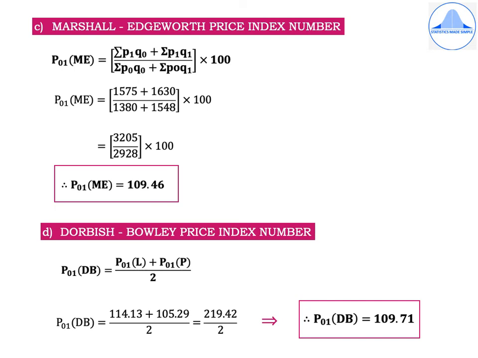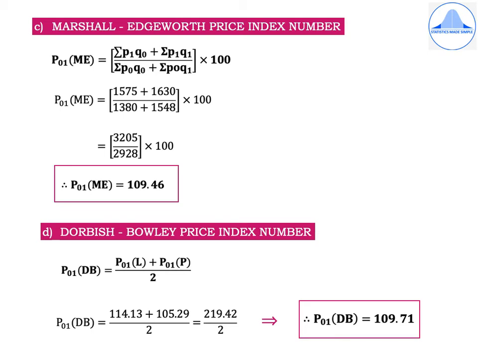Third subdivision, Marshall-Edgeworth price index number P01 of ME is equal to summation P1 Q0 plus summation P1 Q1 whole divided by summation P0 Q0 plus summation P0 Q1 into 100, which is equal to 1575 plus 1630 divided by 1380 plus 1548 into 100, which is equal to 3205 divided by 2928 into 100, or P01 of ME is equal to 109.46.